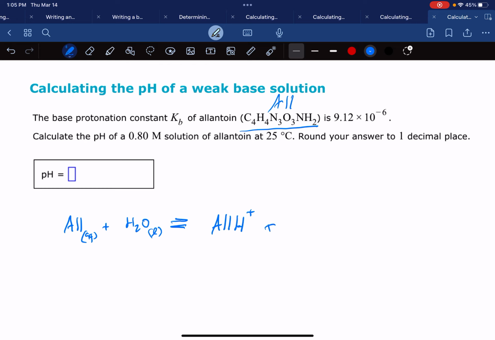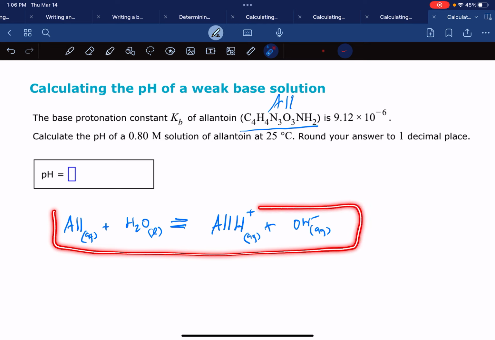And the H that's leaving water is going to leave an OH minus. One of the checks and balances we have is that whenever we throw a base into water, the end result is we're going to end up with an OH minus. If we throw an acid into water, we would have ended up with an H3O plus. So that's a kind of a check for us here. So this is our overall equation.